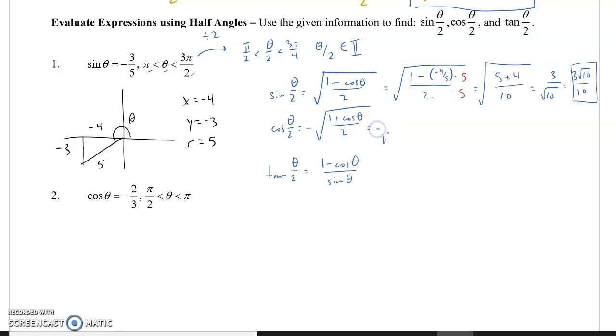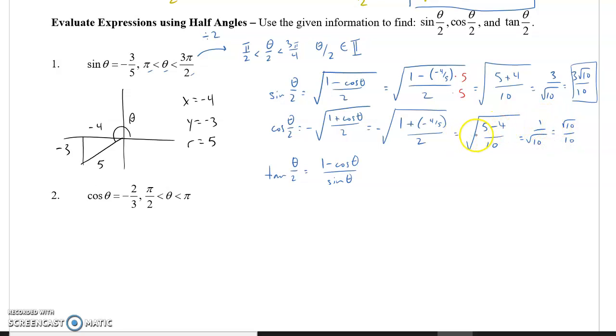For cosine, we get negative. Everything else stays pretty much the same, except we're going to subtract here instead of add. So that's going to be 1 over the square root of 10, or root 10 over 10. And that's the cosine. Oops, I left out the negative.